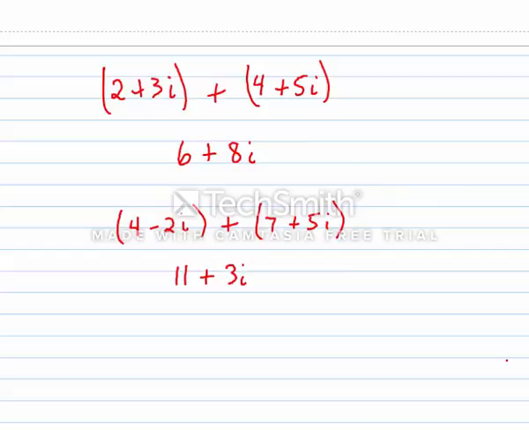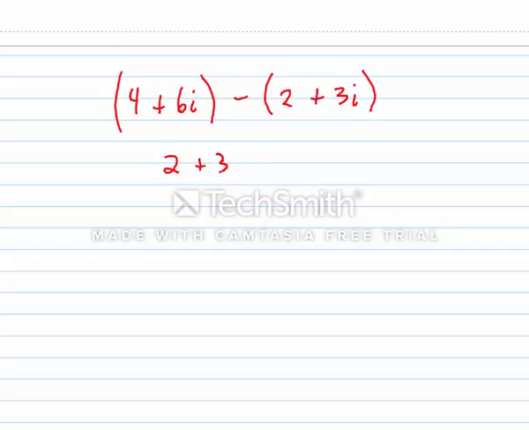Let's subtract a few. Say we have 4 plus 6i, and we subtract off 2 plus 3i. Well, 4 minus 2 is 2. 6i minus 3i is 3i. So there's our complex number.